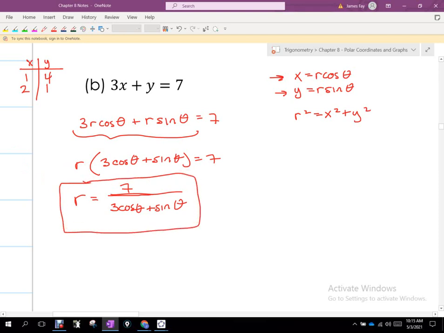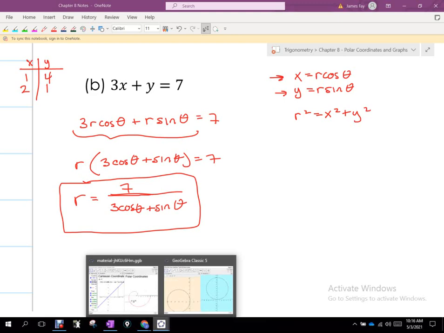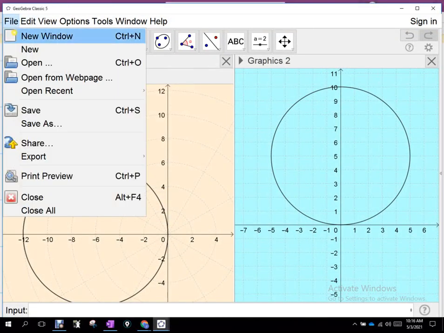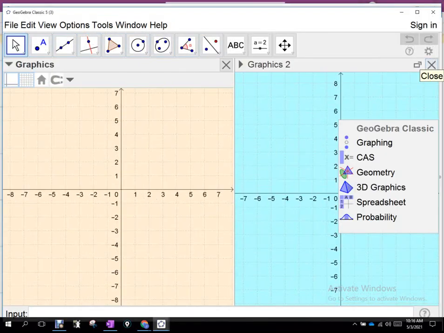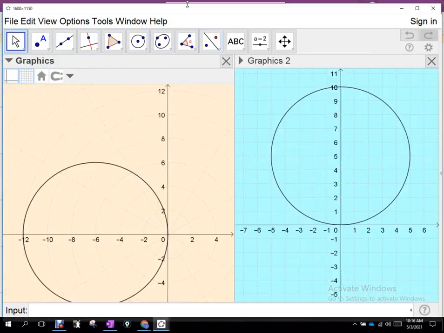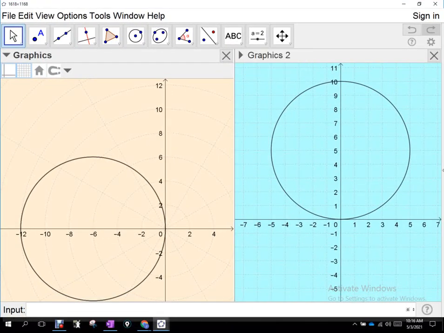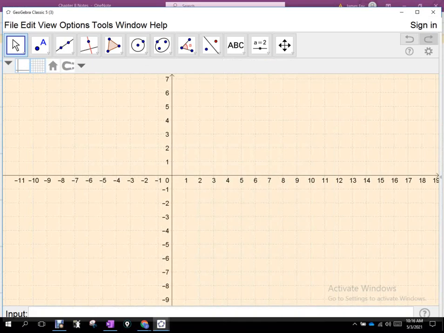Okay, so what I want to show you here is an applet that shows, when I plug this in, what that is as a rectangular system. Before I even show you that, I'm just going to go to a blank, fresh start here, and I'm going to type in, let's see here.